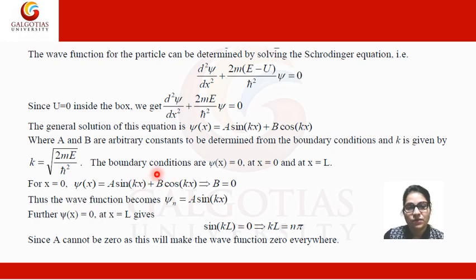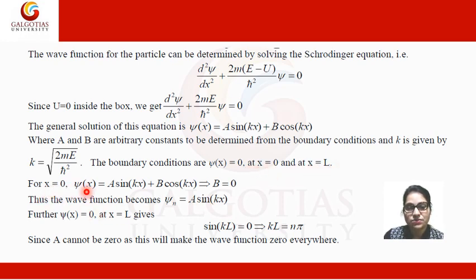First we apply the boundary condition psi(x) equals 0 at x equals 0 and L. This boundary condition states that the wave function should be 0 at plus minus infinity. Since our particle is confined in the length L, at the boundaries the wave function should vanish. So psi(x) equals 0 when x equals 0 and x equals L.